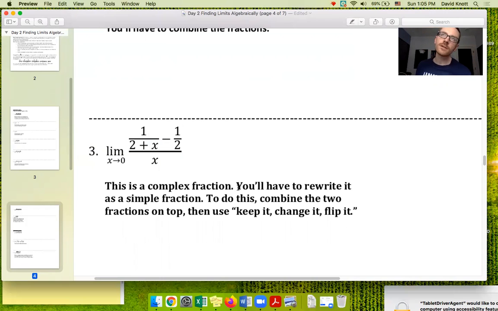I'll say that if you've never seen this before, like if you're coming from Trig A-S-I-S, I don't think that you've seen this before. I'd probably recommend that maybe you skip problems like complex fractions. Probably not necessary.